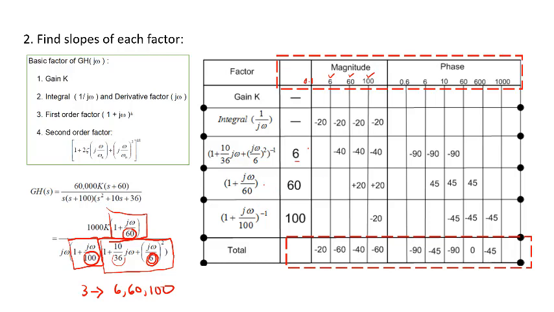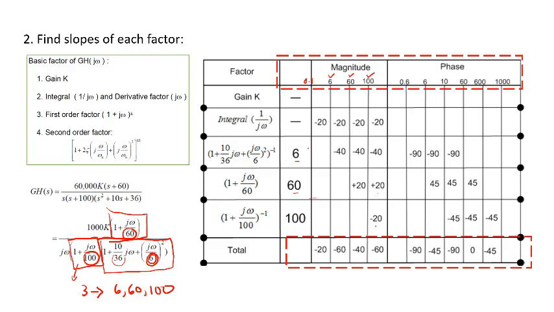Next is the first order with the corner frequency 60, which is positive 20 dB. And lastly, we have the poles, which is 100 at the 100 corner frequency.